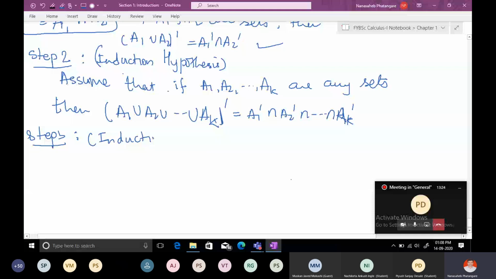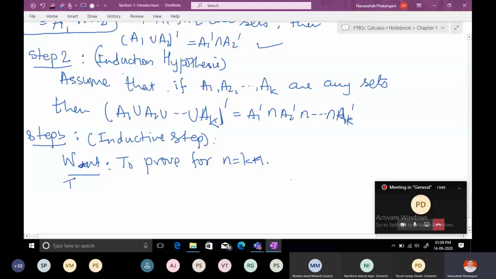So in the inductive step, what do we want to prove? In the inductive step, we want to prove for k plus 1, n is equal to k plus 1.